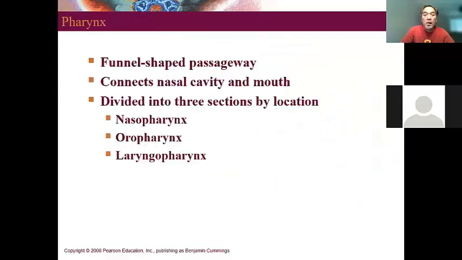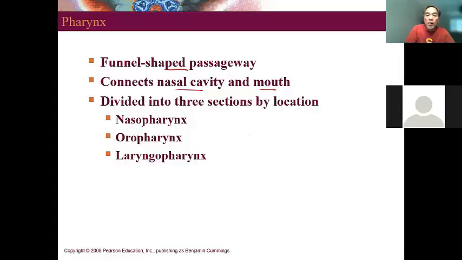Now take a look at the pharynx. The pharynx is the posterior part of the oral cavity. At the back of the mouth, where the oral cavity is, that back is called the pharynx. It's a funnel-shaped passageway that connects the nasal cavity and the mouth, and we will divide it into three parts.